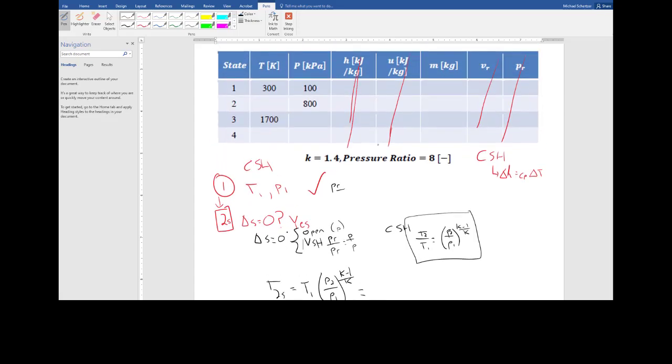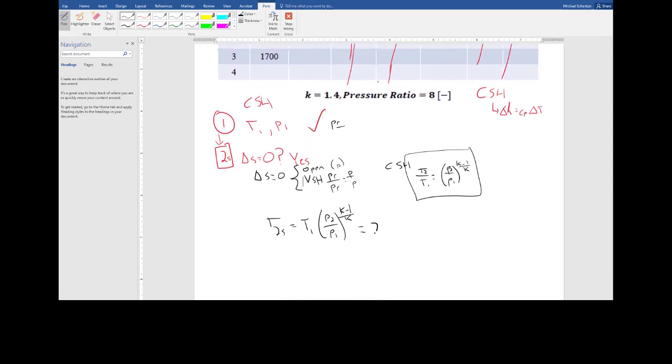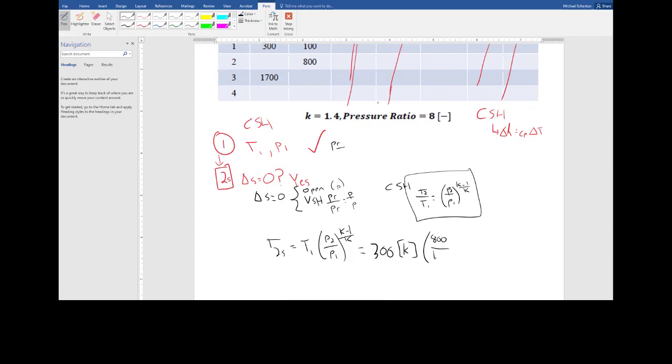So I don't know T2S, but I do know T1 is 300 Kelvin times P2 is 800, I believe, right? Divided by 100 to the power of K, which is 1.4 minus 1 over K, 1.4. My calculator's over here. So now I can say 8 to the power of, all in brackets, 0.4 divided by 1.4.